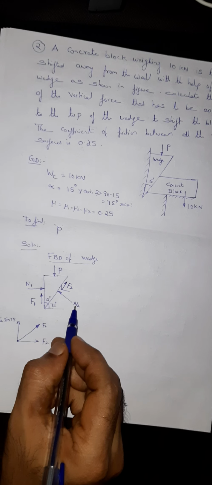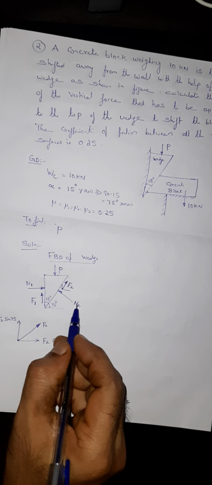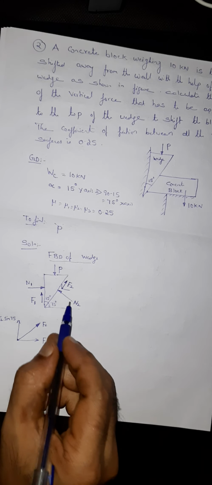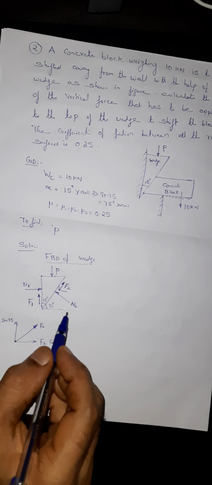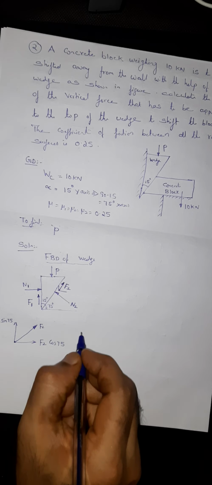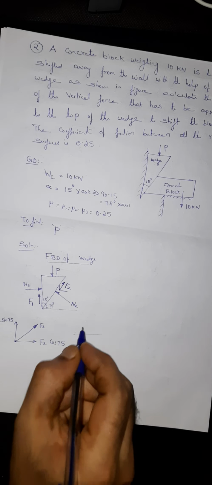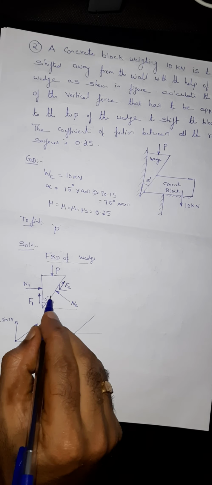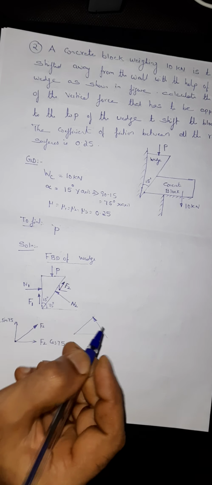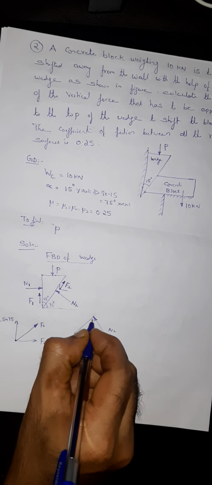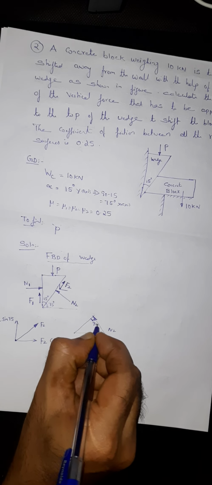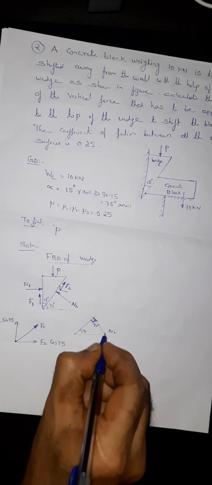Right? And what about the angle corresponding to the x-axis? I'm just going to draw a small triangle for your better understanding here. So this is the horizontal, this is the surface here, and this is how the reaction is acting, N2. This angle is 90 degree, right? This is 75 degree.